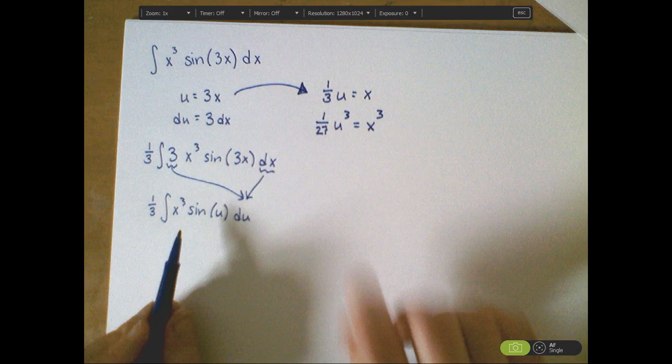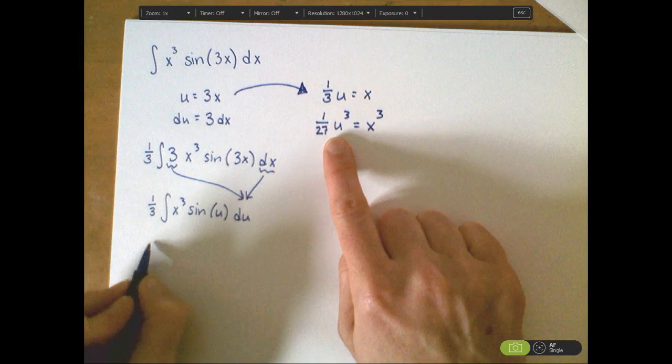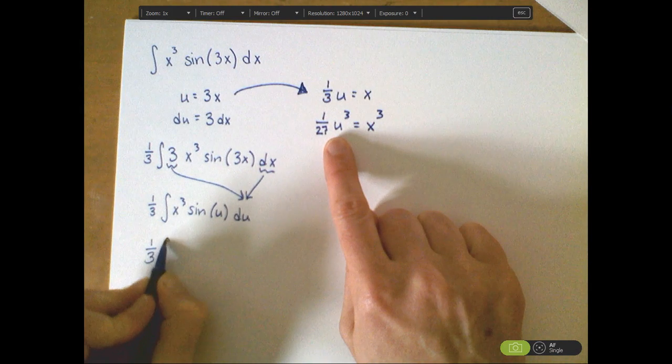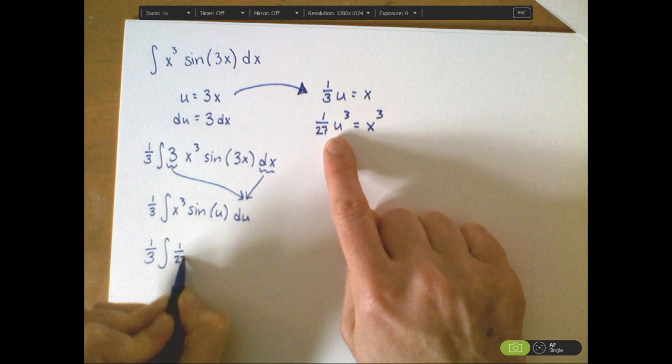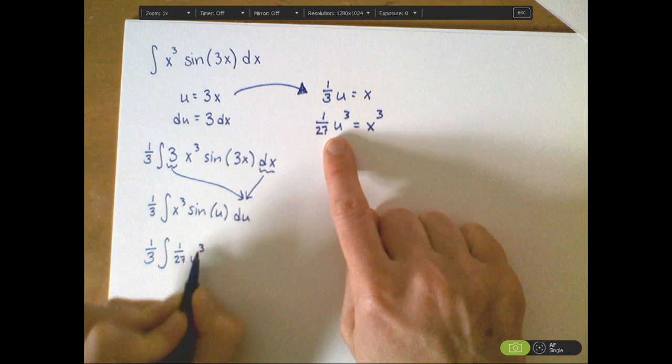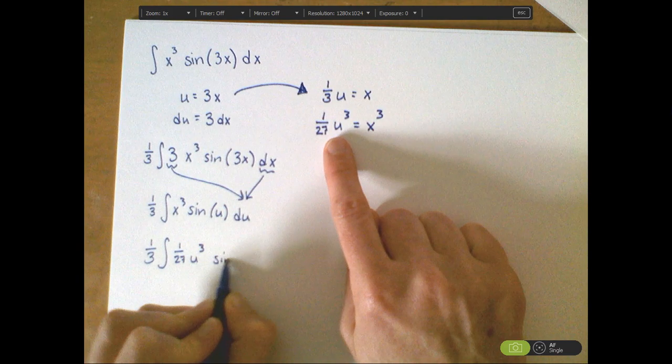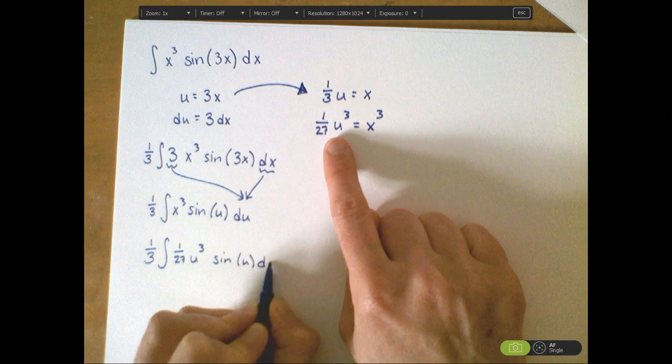So this additional conversion tells me that I can rewrite my integral as 1/3 times the integral, where x cubed is 1/27 u cubed, times the sine of u du.